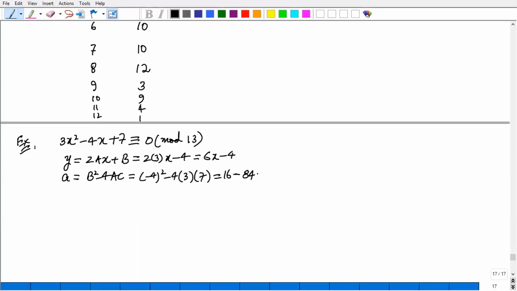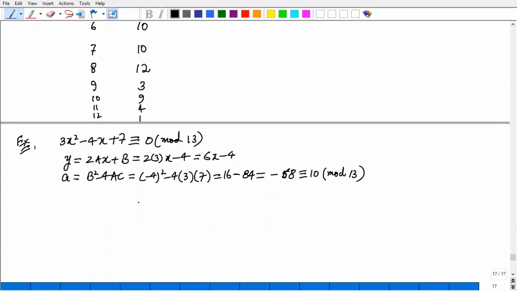So 16 minus 84 is minus 68, and minus 68 can be written as plus 10 modulo 13.